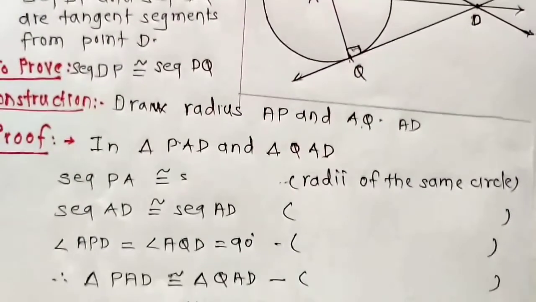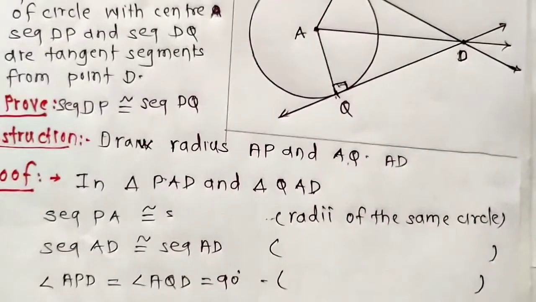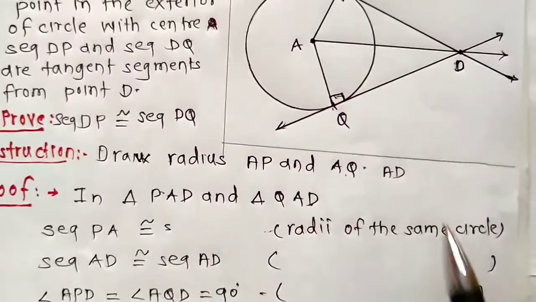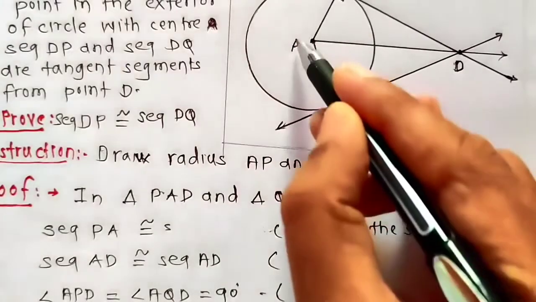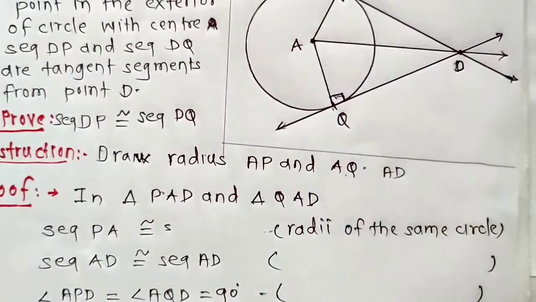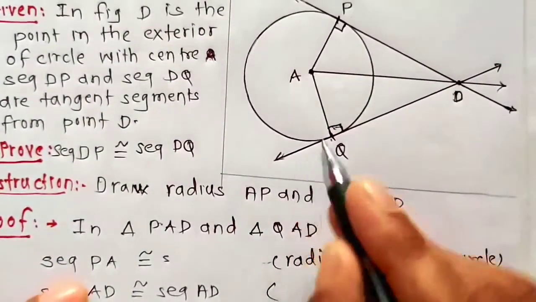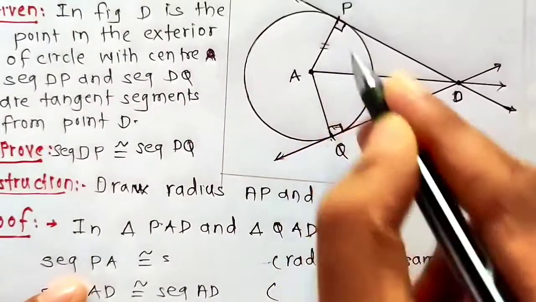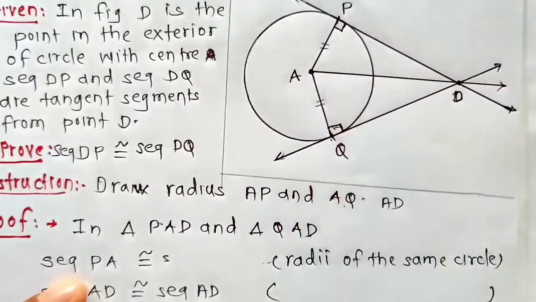So in triangle QAD, here it is triangle QAD and triangle PAD. Here can we write PA is equal to AQ.